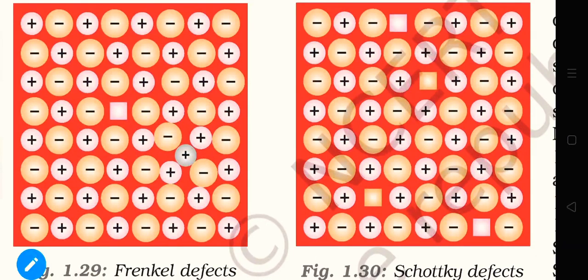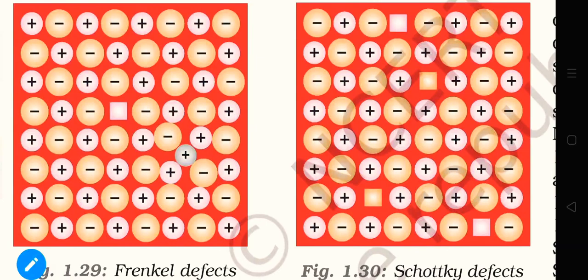Now let us discuss the example of NaCl for Schottky defect. If you have a 1 cubic centimeter NaCl crystal, then usually at normal temperature it will have 10 raised to 6 Schottky defects. Normally 1 cubic centimeter contains 10 raised to 22 ions of NaCl, and this cube will have 10 raised to 6 defects.